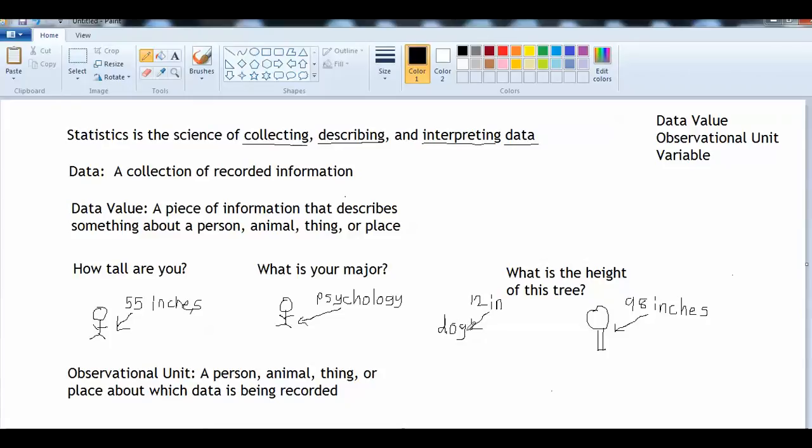The dog is the observational unit because the dog is an animal that we're recording data about. And I don't mean that the word dog is an observational unit. I'm meaning that the dog itself is an observational unit. I just had to write the word dog here because I couldn't draw a dog.